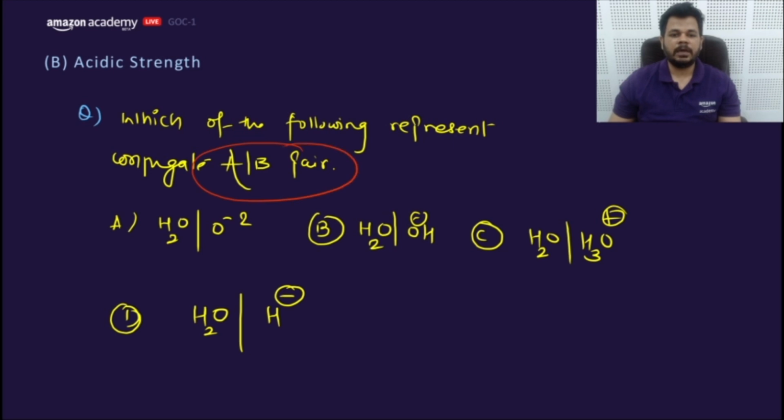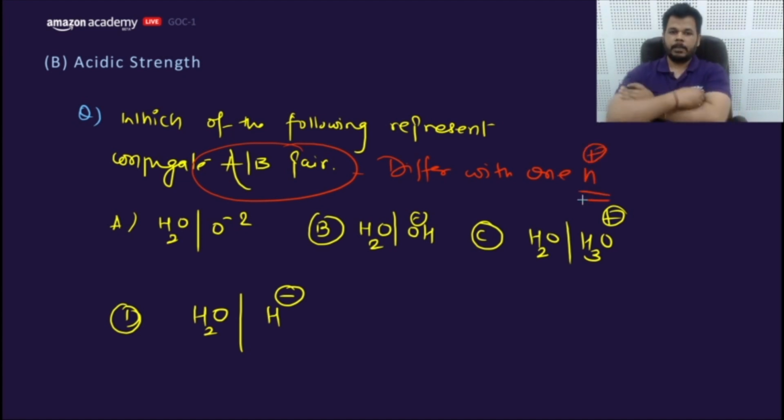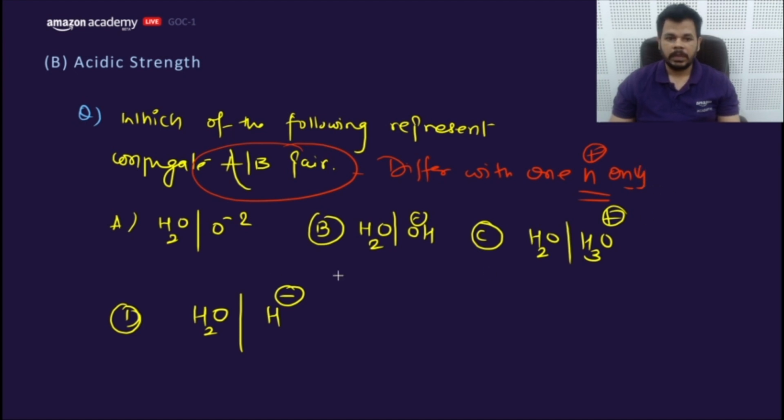A conjugate acid base pair differs by 1 H plus only. That means this cannot be the answer.